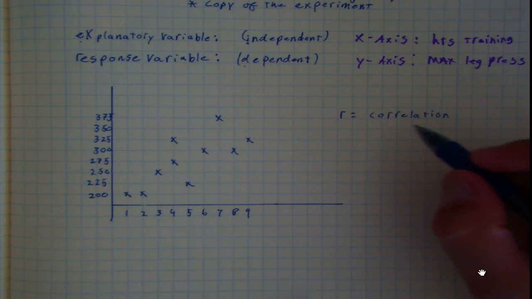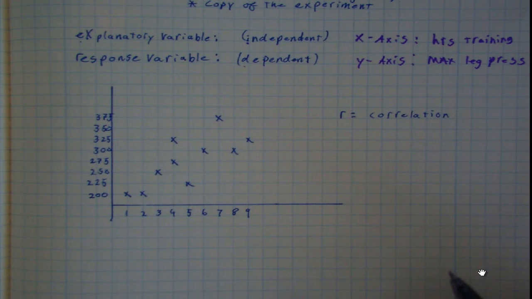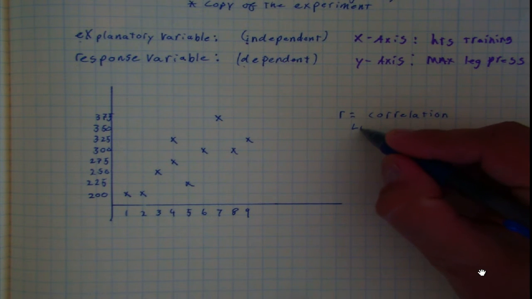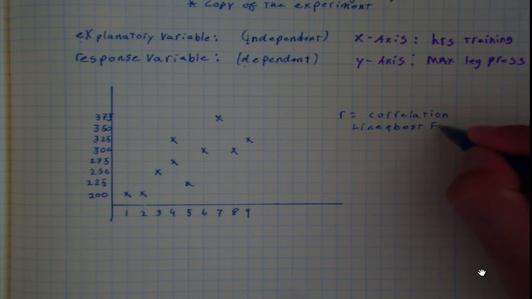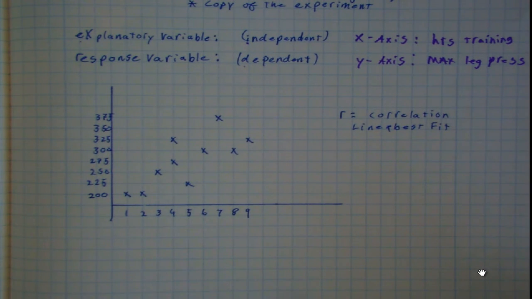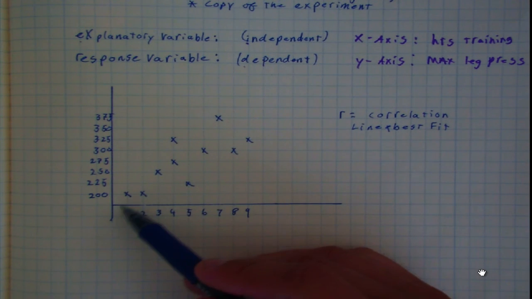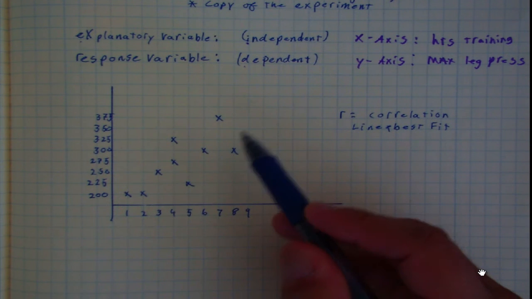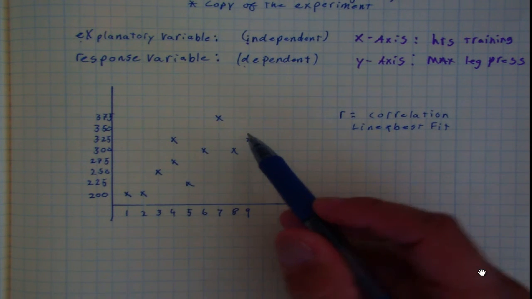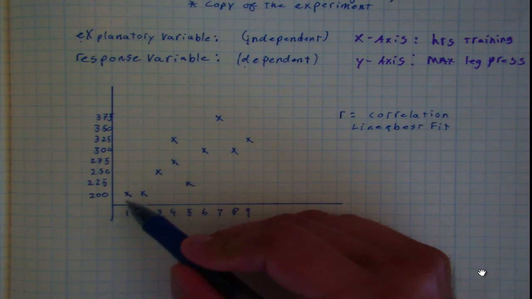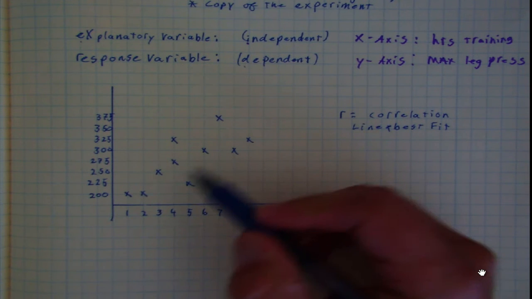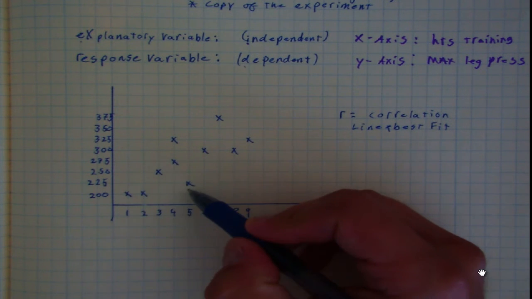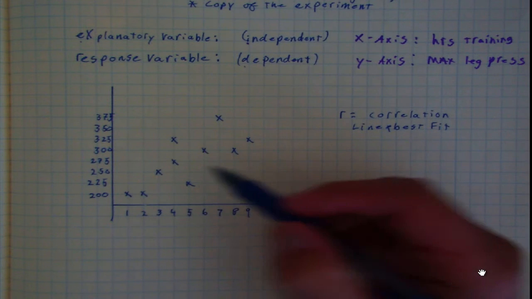The other thing that you can do with a scatter plot is you can draw a line. And when you draw a line, you want to draw the line of best fit. And that's pretty self-explanatory. You're going to draw a line through most of these data points that kind of generalizes the trend. If you can kind of see this, it looks like most of these are going like a slanty line up. Now I'm not going to connect all the dots, and that would be actually impossible for some of these that have 2 results.